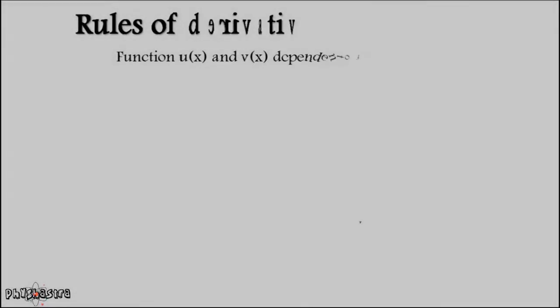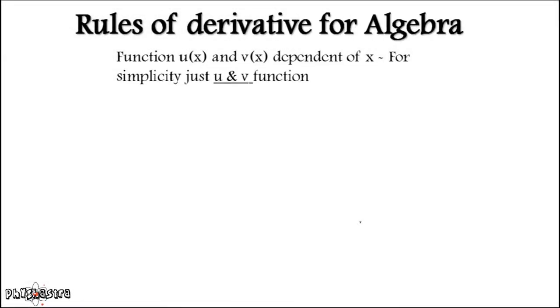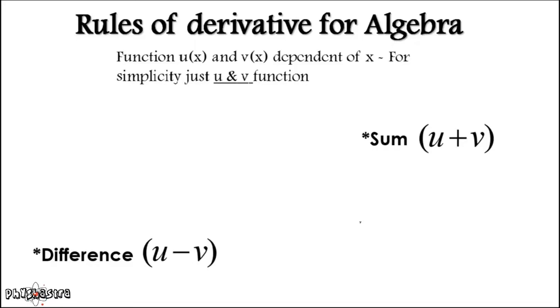Rules of algebra in derivative for addition and subtraction are given below. Therefore, we take two functions u of x and v of x, which means that functions u and v depend upon the variable x. So as x changes, the functions u and v change. We simply call them u and v for convenience. And we have the sum and difference of those two functions.